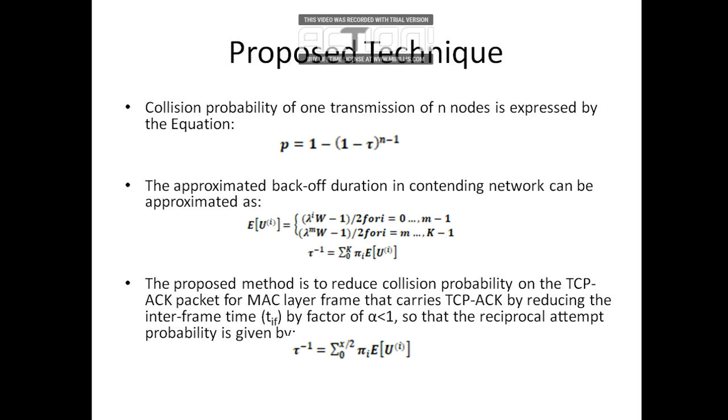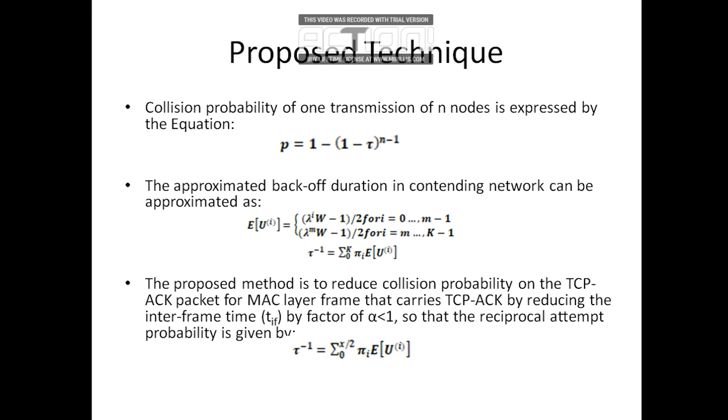And the mathematical analysis shows that the back-off duration, which determines the delay of the transmission, depends on lambda, window size, and also the number of nodes. Our proposed method is to reduce the interframe time of any frame within the lower layer carrying the TCP acknowledgement packet, so that this packet is prioritized in the MAC layer.